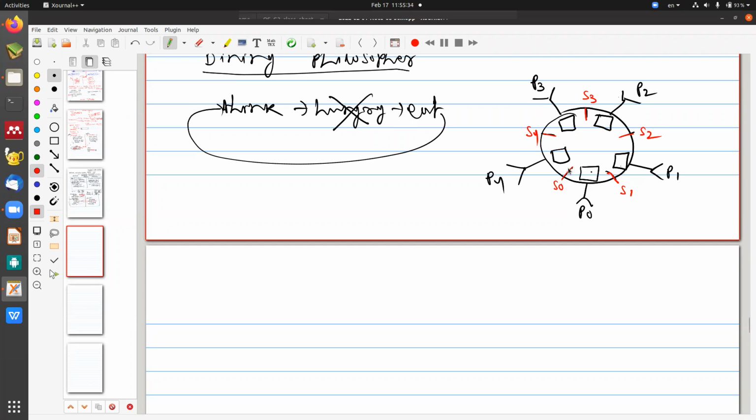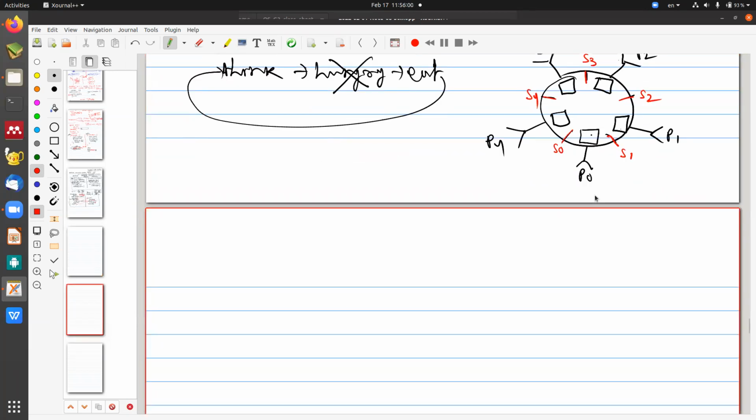Because S0 is my shareable resource, P4 and P0 need it, and P4 and P0 may want to eat at the same point of time. So that's why there is a question of synchronizing these resources, S0, S1, S2, S3.